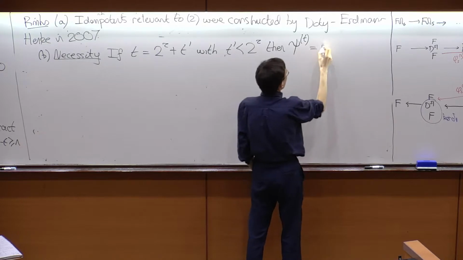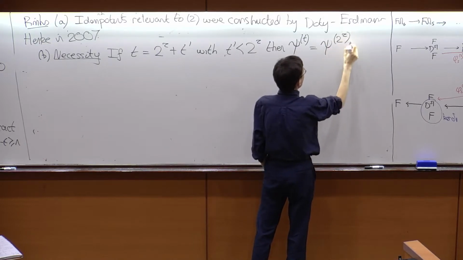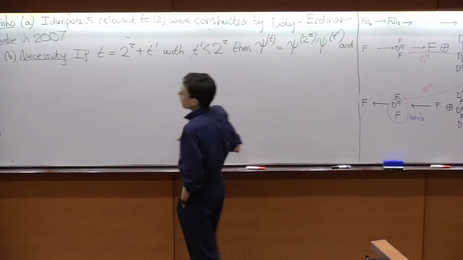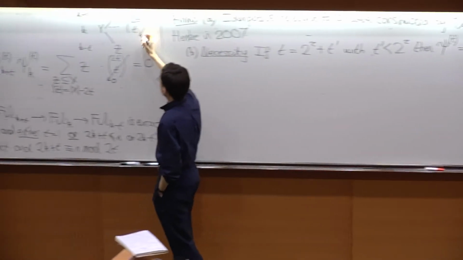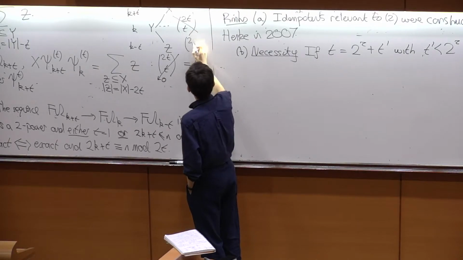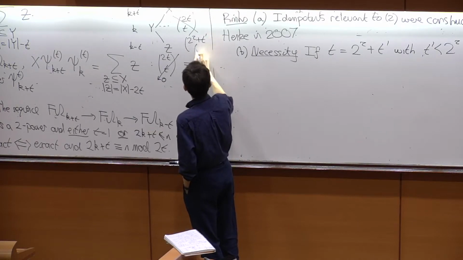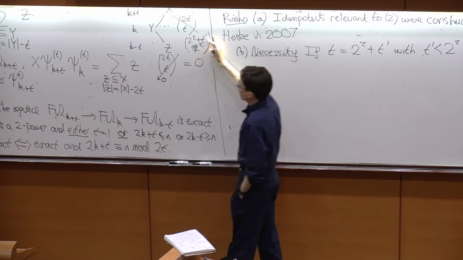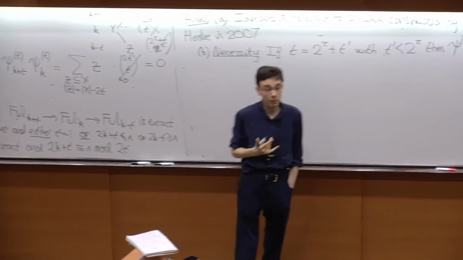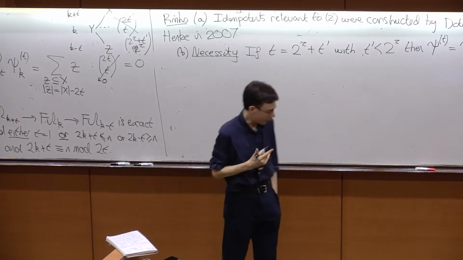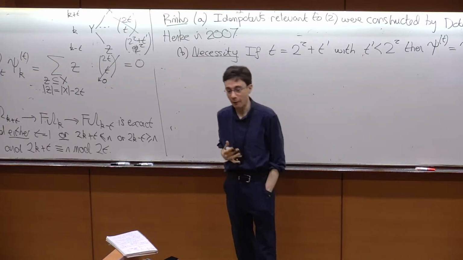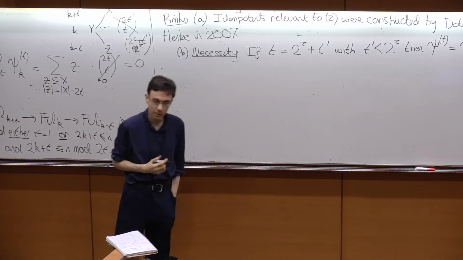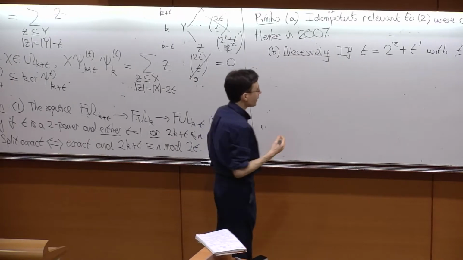Psi t factorizes as 2 to the tau psi t primed, which follows from a picture a little bit like this, replacing this with 2 to the tau plus t primed and 2 to the tau, which, because this addition is carry-free, means the binomial coefficient is non-zero. I do recommend the combinatorics of binary carries to you. It's an astonishingly rich subject. It even includes group cohomology as a special case. Well, arguably.